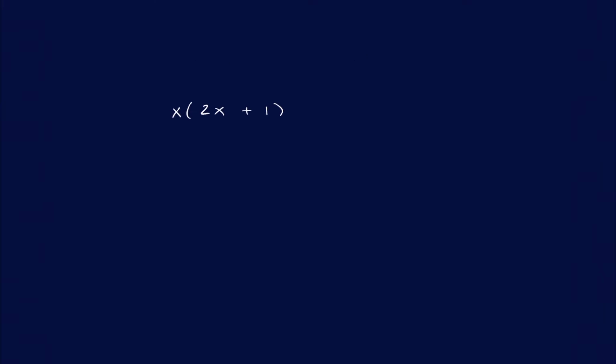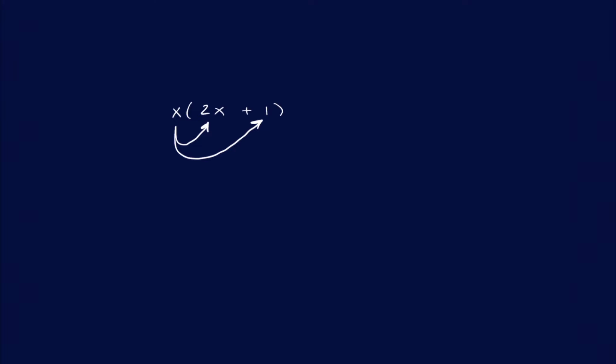Alright, so now we've got a little bit harder of a question. Basically we're going to use the distributive property. I don't know if you've heard of that before. But basically what that means is, since we're multiplying the x by this entire term, as indicated in the brackets, we're just going to multiply the x by all of the terms inside of it. So we're going to do x multiplied by 2x, and then x multiplied by 1.